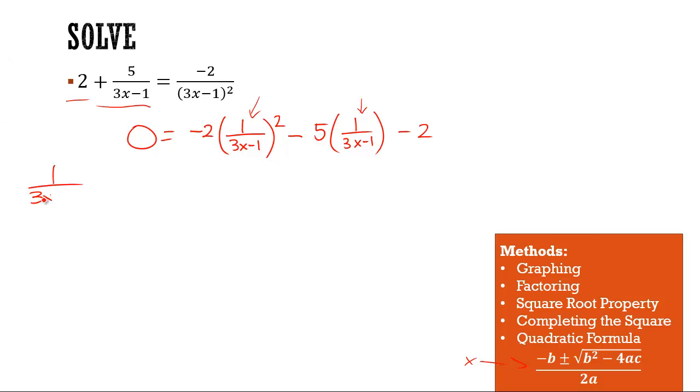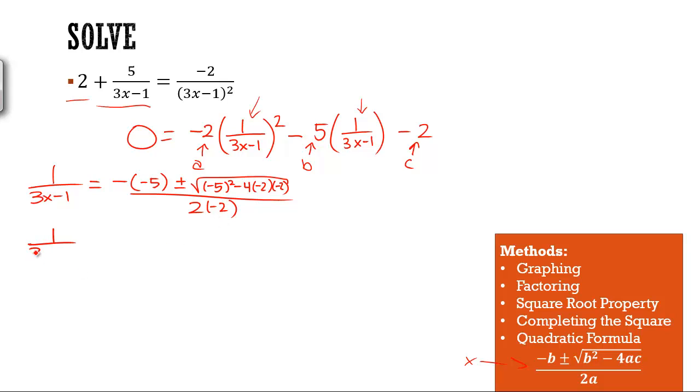So 1 over 3x minus 1 is equal to, with that being our a, that being our b, that being our c, negative b plus or minus the square root of b squared minus 4ac over 2a. 1 over 3x minus 1 is equal to 5 plus or minus the square root of 25 minus 16, which is 9, over negative 4.